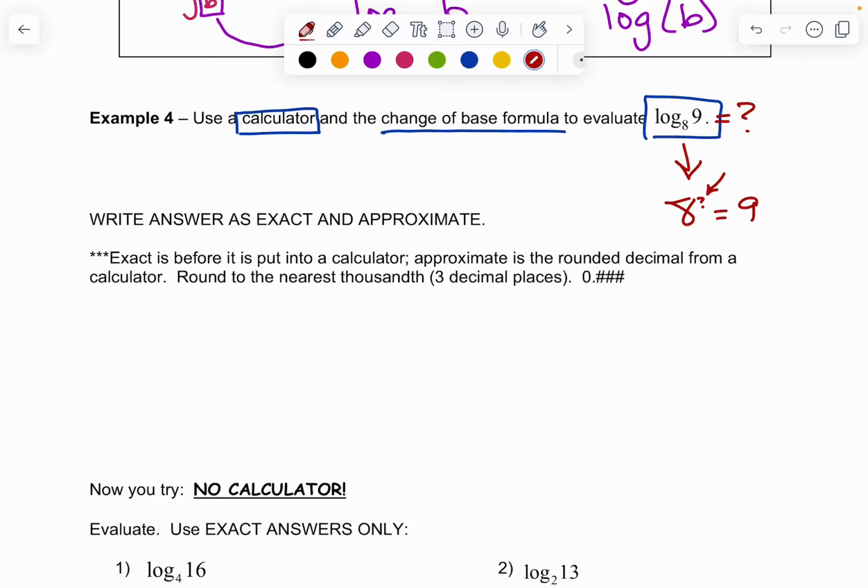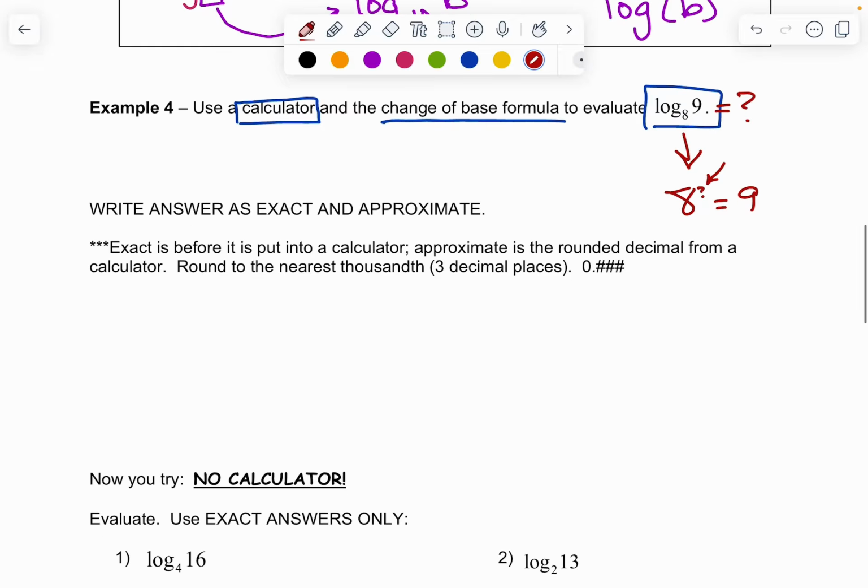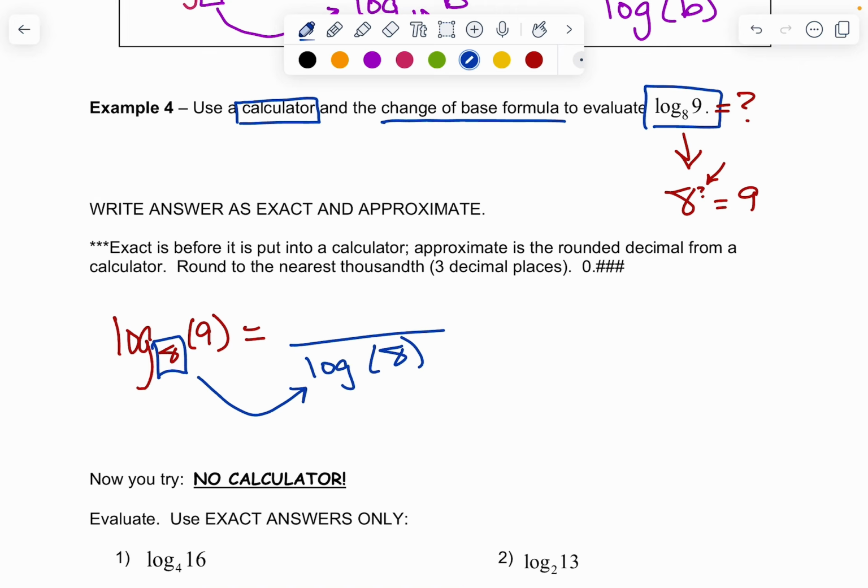Now, if you are putting this in your calculator, and we were going to use our change of base, we could again take the base, move it to the denominator, leave this one up top. Can never make nice arrows.